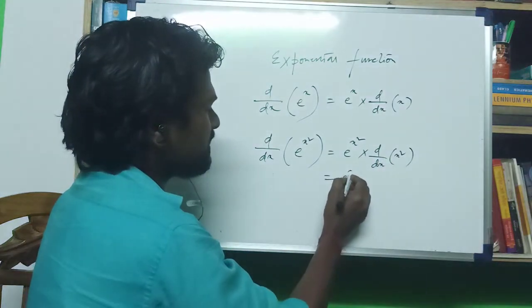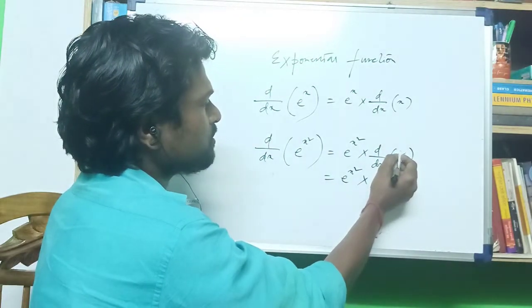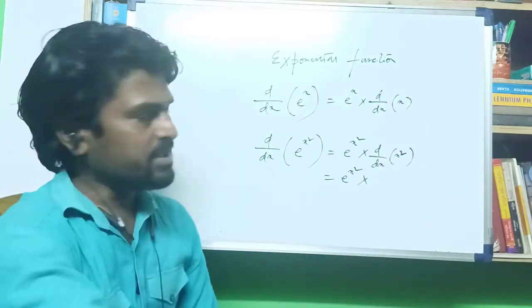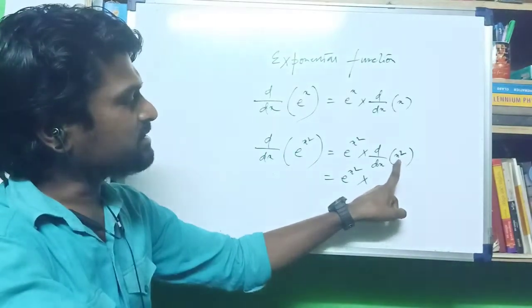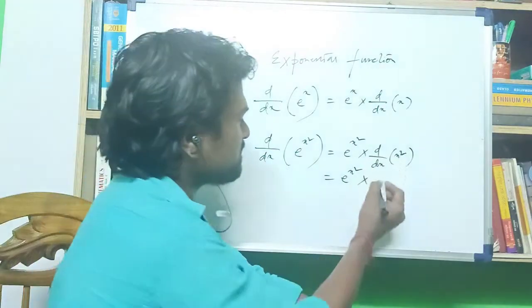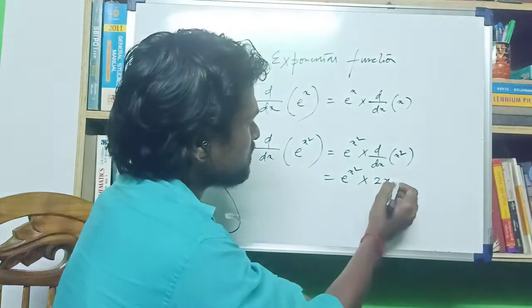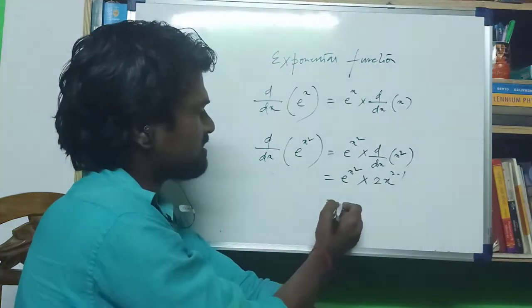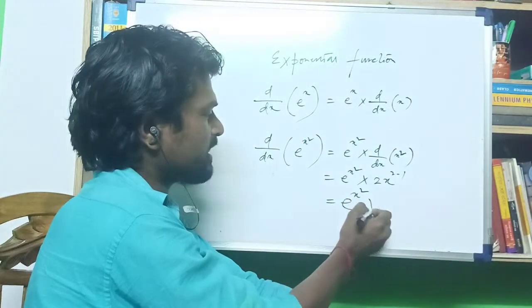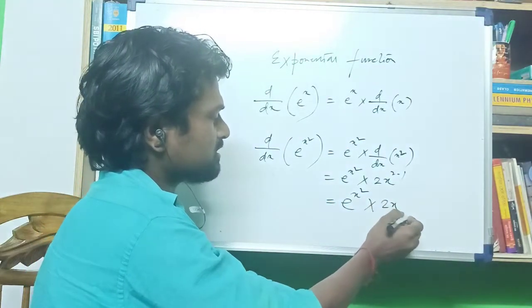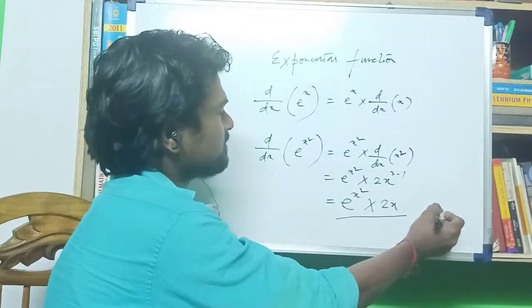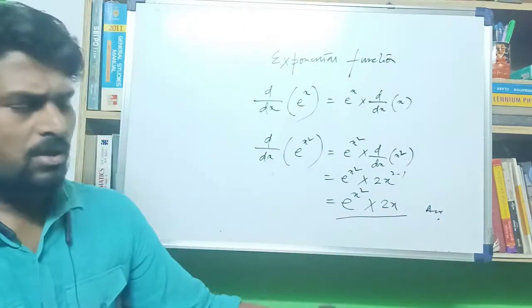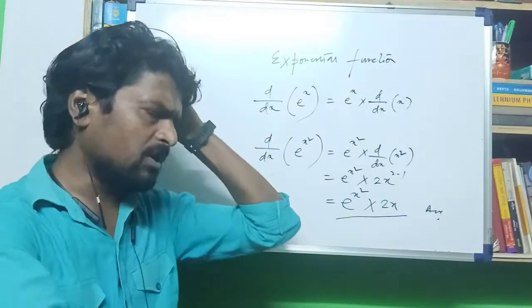So e to the power of x square into d/dx of x square. d/dx of x square, this is an algebraic function, so 2x to the power of 2 minus 1, that is, the answer is e to the power of x square into 2x. This is the answer. So it is so simple.